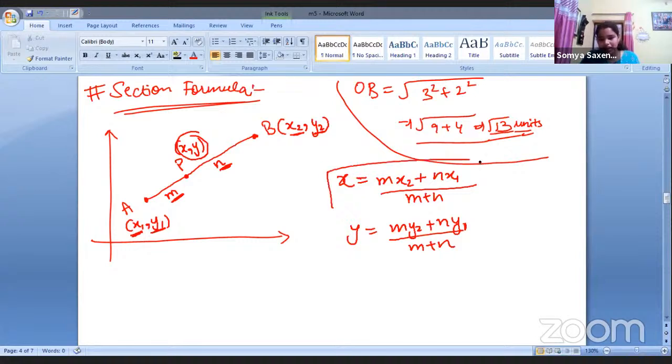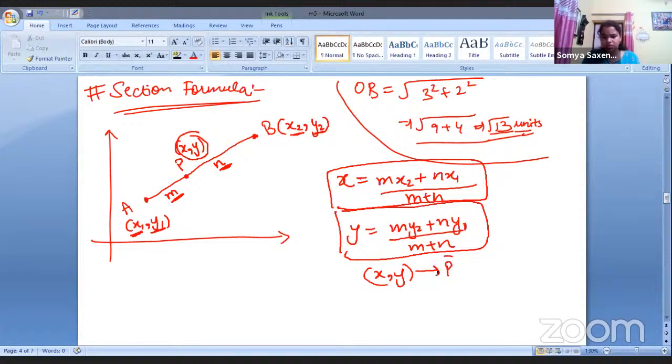So here, if we have to find out this, and we have all the other things, similarly for here, we will get x comma y, which is the coordinate of point P, right? So from here, we can find out what are the coordinates of this point P. So this is the section formula.